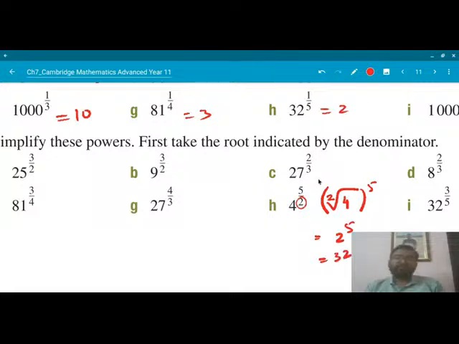If you take the reverse case, the square root of 4 power 5, you will lose your patience. It's a big number: 4 power 5, and then taking the square root becomes a very tough job. So first of all, take the nth root of the denominator, and then the whole power.